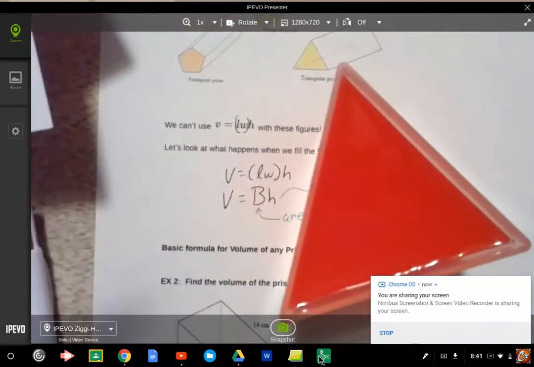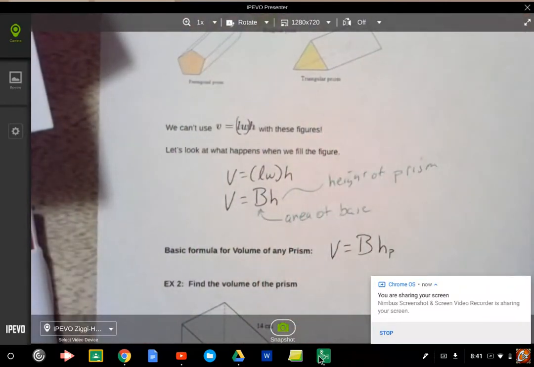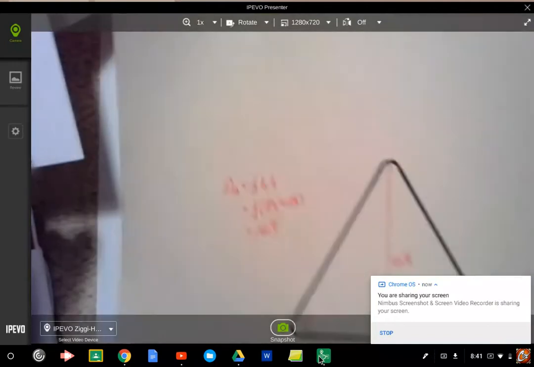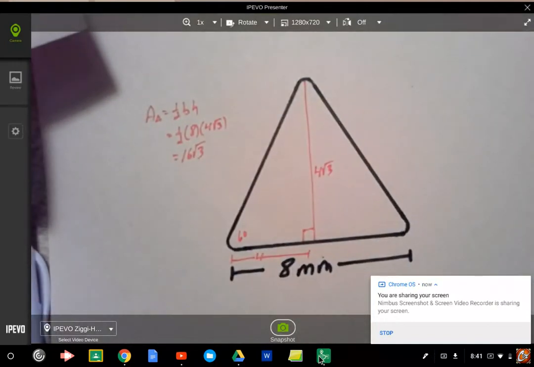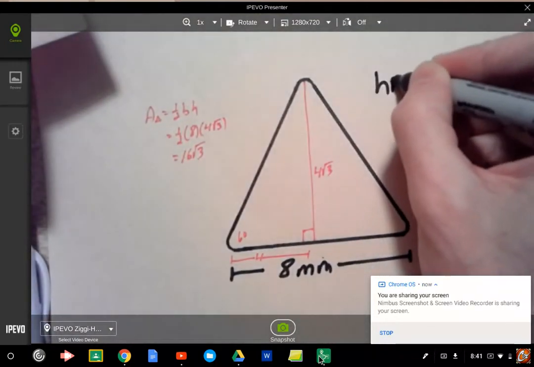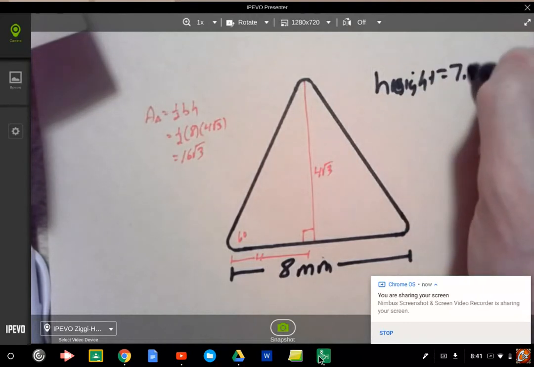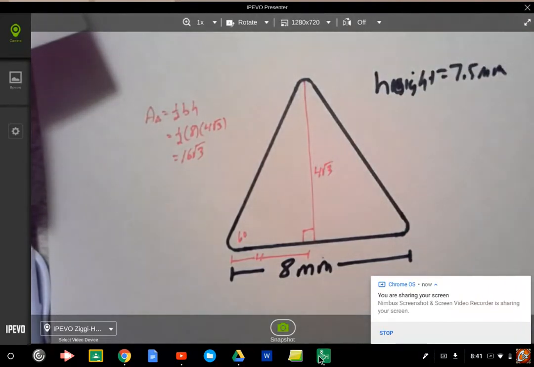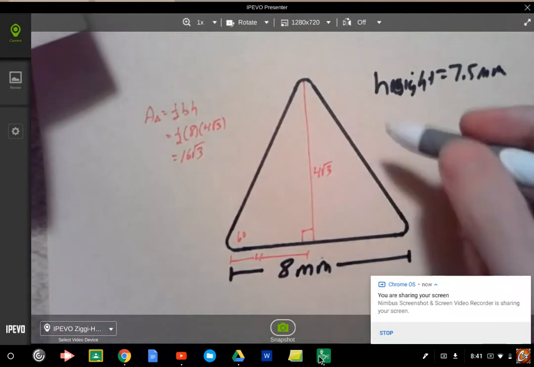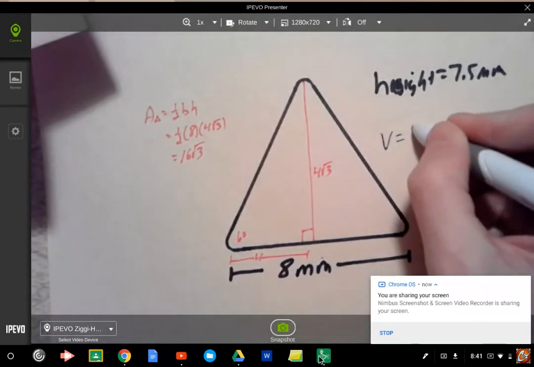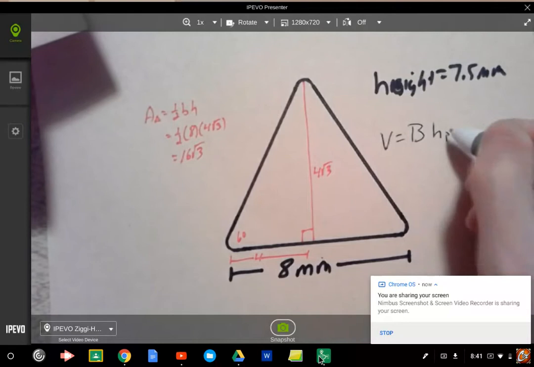I actually used this tool, and I measured that to be 7.5 millimeters, I'm sorry, not inches. So if my height is 7.5 millimeters, then I could calculate my volume to be the area of the base times the height of the prism.